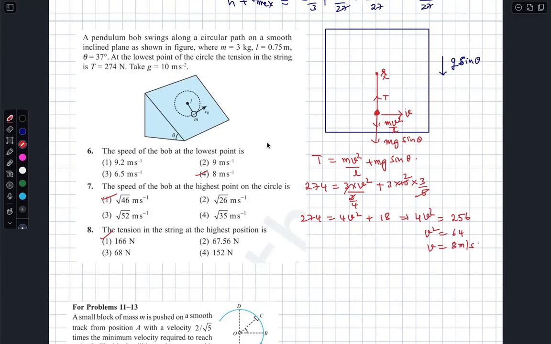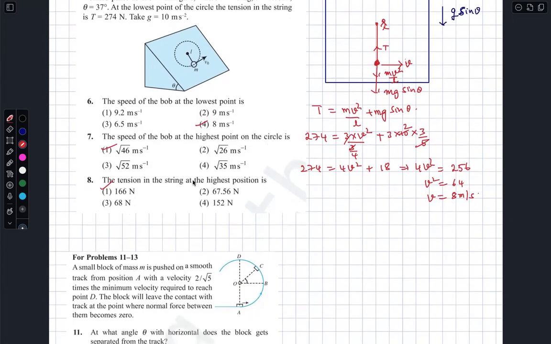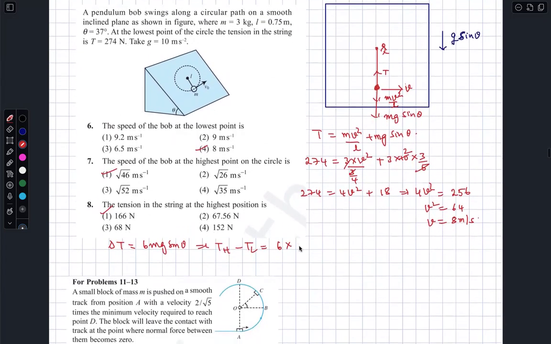Next: the tension of the bob at the highest point on the circle. Whatever is given, you know the tension in the string at the highest point: delta T is normally 6mg, but here you should write 6mg sin theta. So T high minus T low is 6 into mass 3 into 10 into 3 by 5. 6 threes are 18, 18 tens are 180, 3 by 5 gives 108 newtons.